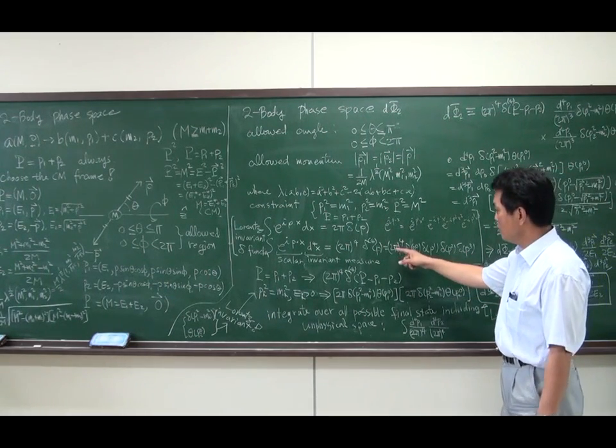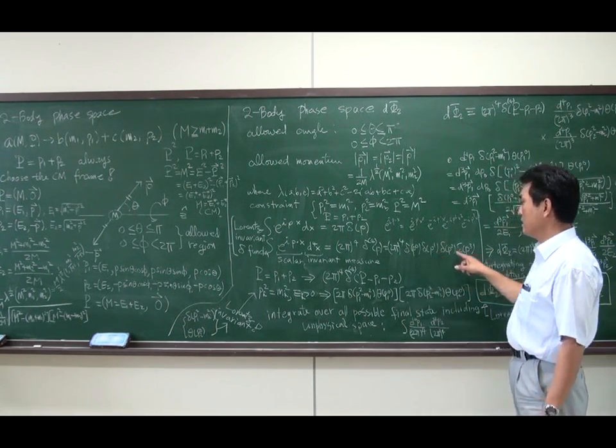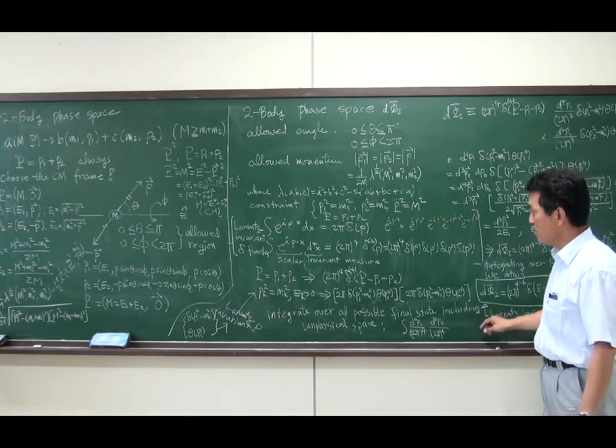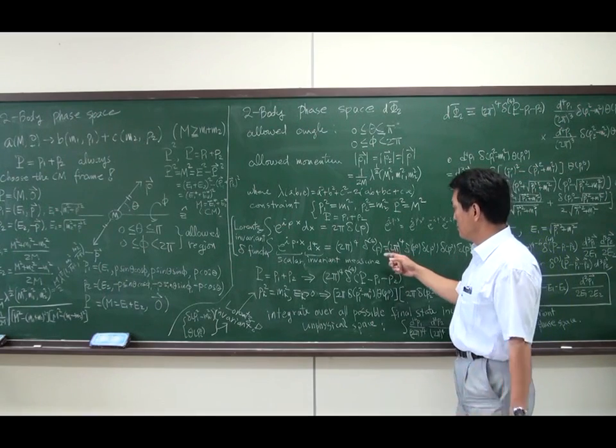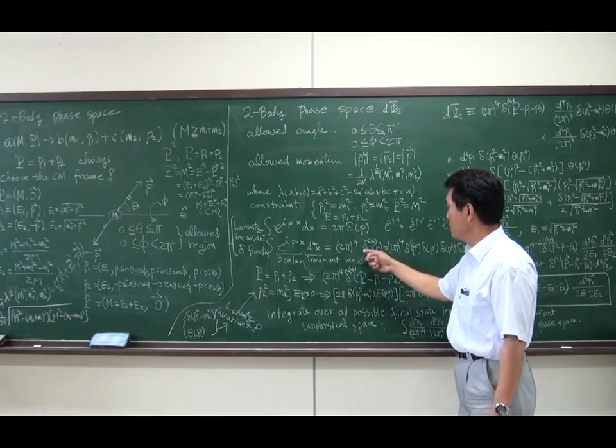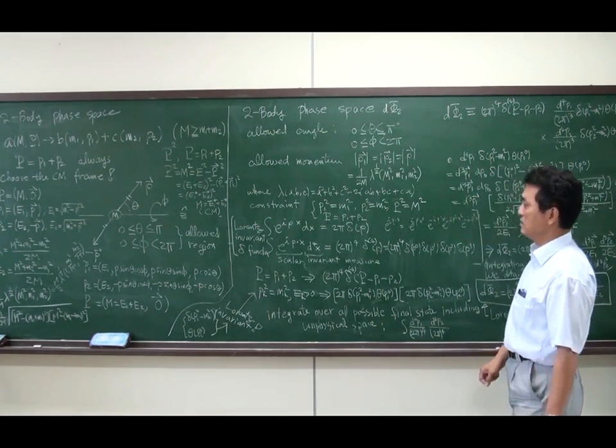So we have 2 pi to the fourth power and a four-dimensional delta function. We define the product of the four delta functions to be delta 4 of p.